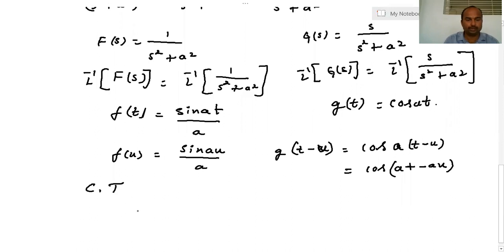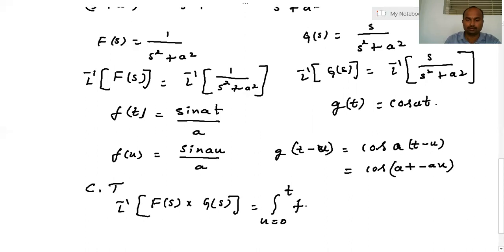The statement of the convolution theorem is inverse of F(s) into G(s) will be equal to integral u equals 0 to t of f(u) g(t minus u) du.